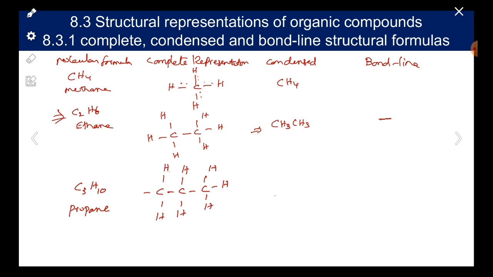Remember that carbon has four valencies, so you should count one, two, one, two, three, four. Okay, you should know there are four valencies, right? So this is the complete representation of propane. Okay, what is the condensed structure?